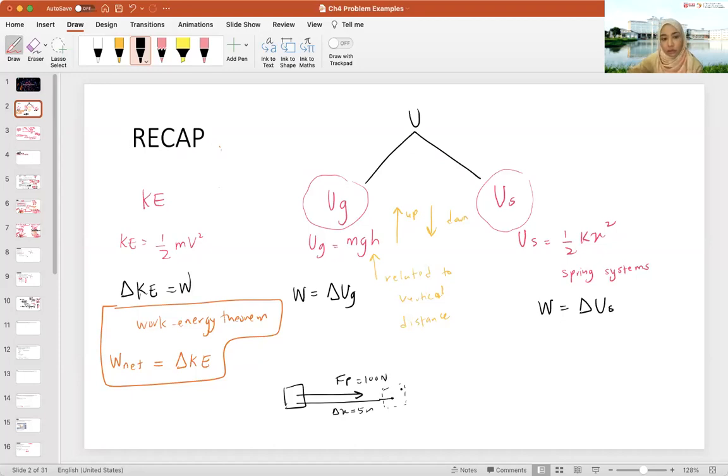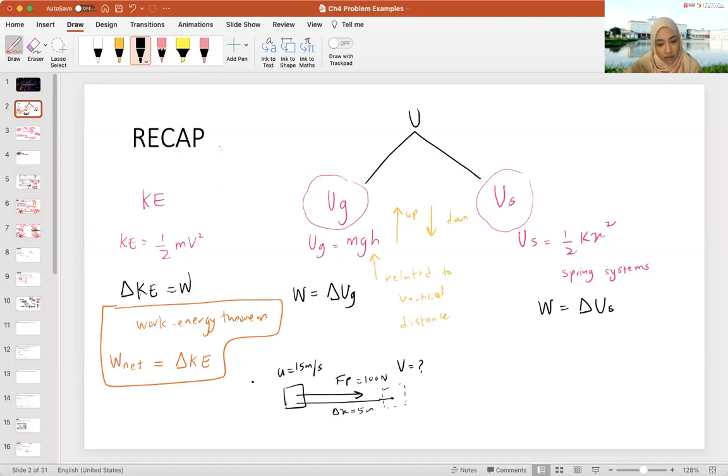This box is on the ground. There is force, there is displacement, so we know that there is work done. And this box started with a small u, because this is velocity, of 15 meters per second. And there is some velocity at the end that we don't know yet.